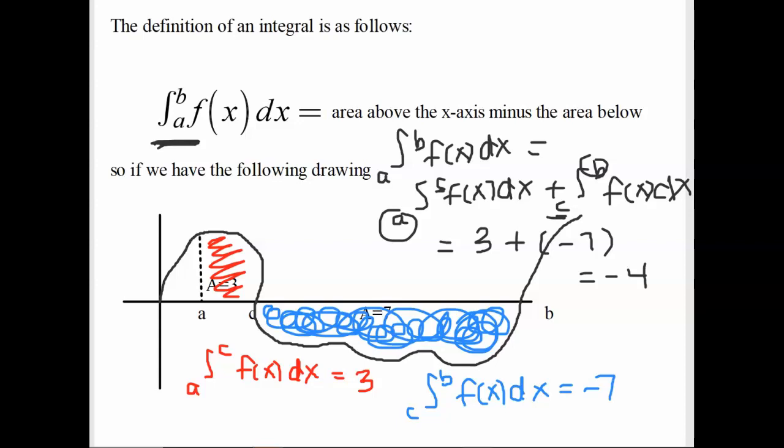So the value of the integral from A to B in terms of this given graph is -4. Again, that's a lot like the sine graphs that we were looking at. It's the area above, you subtract any areas below, and you get your total area.